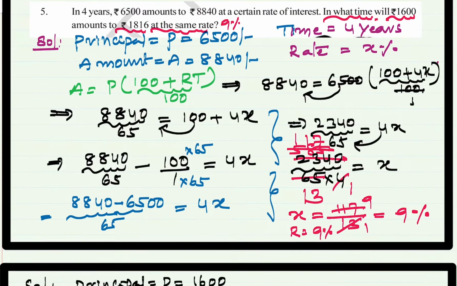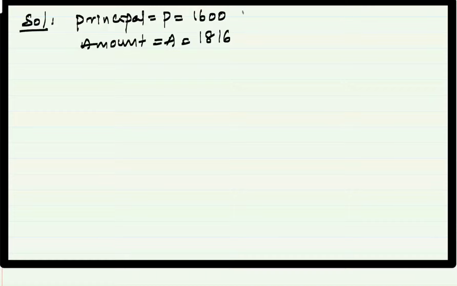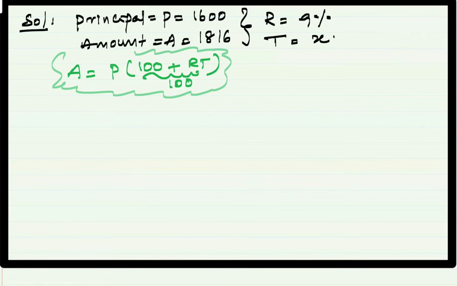Once I will check, amount is equal to 1816, right? So next, rate of interest is equal to 9%. Time we have to take X. Okay. Here the formula is same. So I can write A equal to P times (100 plus RT) whole by 100. Using this formula.